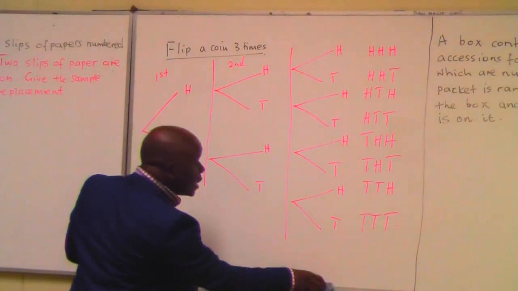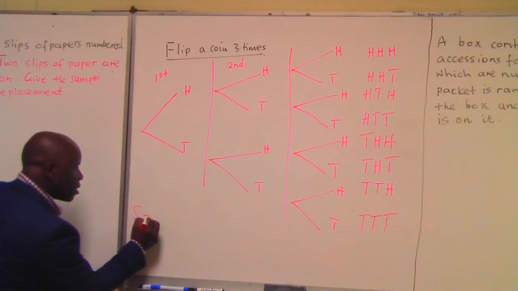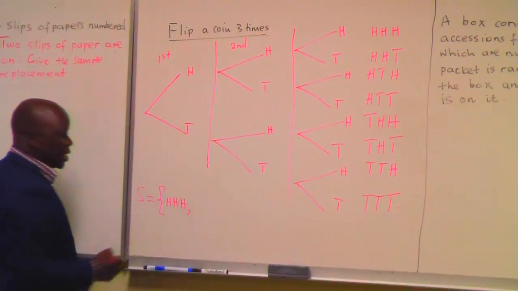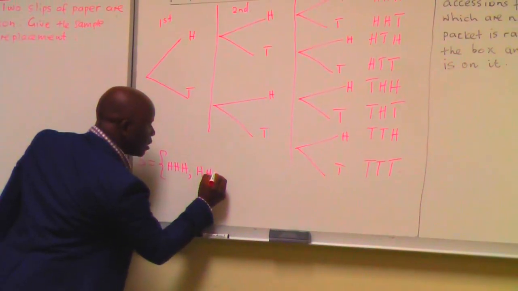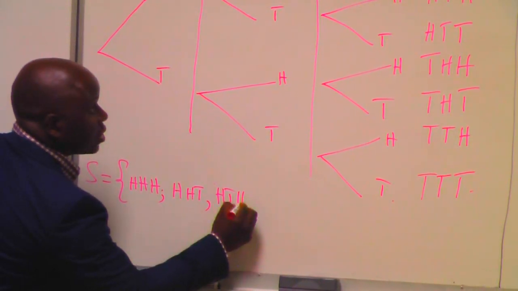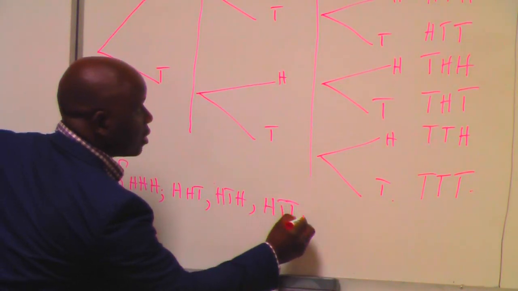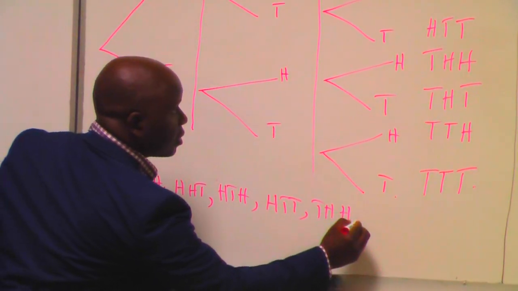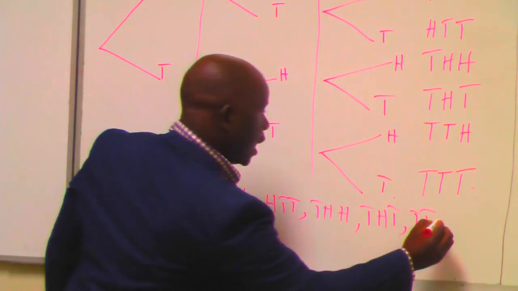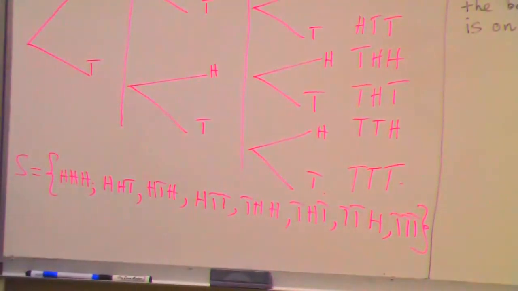So for this particular experiment, the sample space S will be given by either you obtain all heads, HHH; HHT; HTH; HTT; THH; THT; TTH; and TTT. We write it in the form of a set.